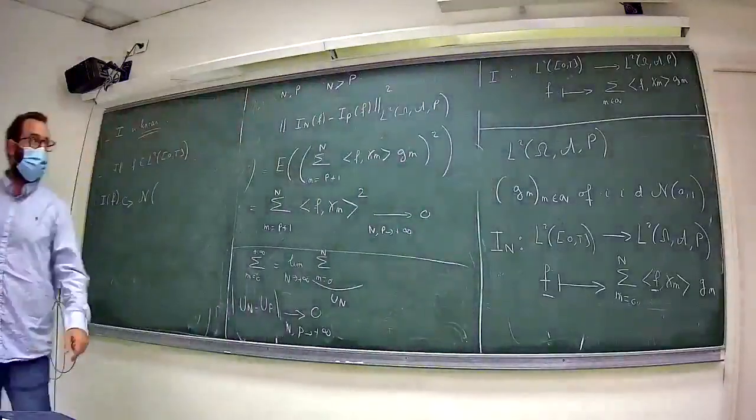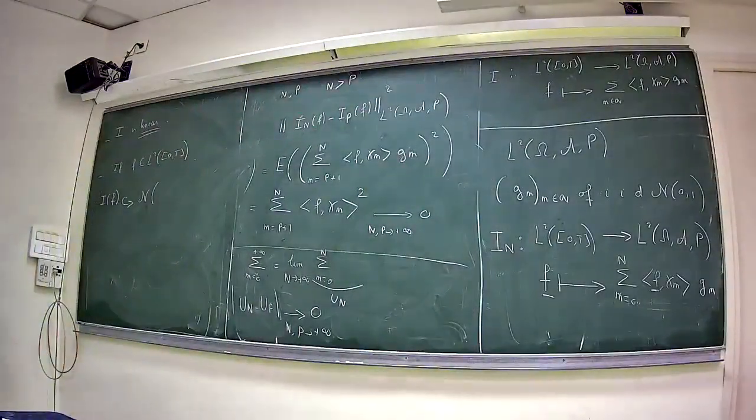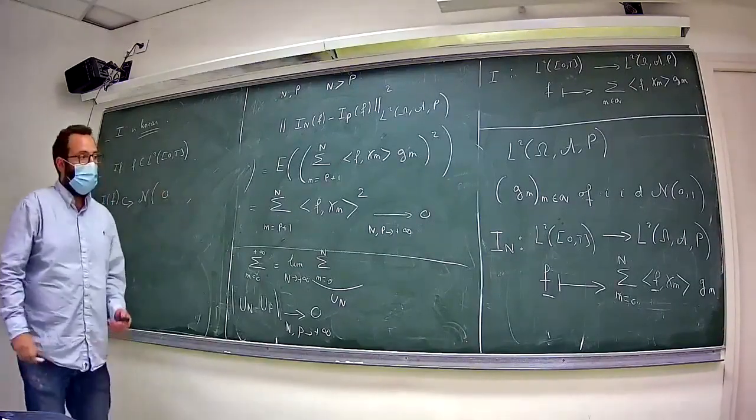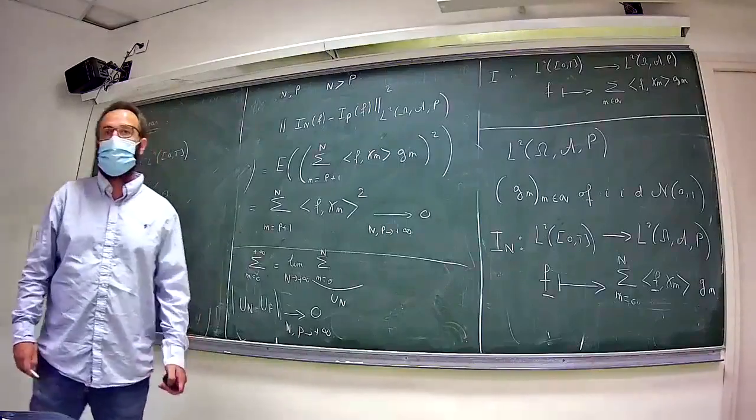So from the fact that I have the convergence in L2 of In of f, I know that since the In of f are Gaussian, as finite sum of independent Gaussian, I am sure that this infinite sum follows the Gaussian distribution with a mean that is 0. And what will be the variance?